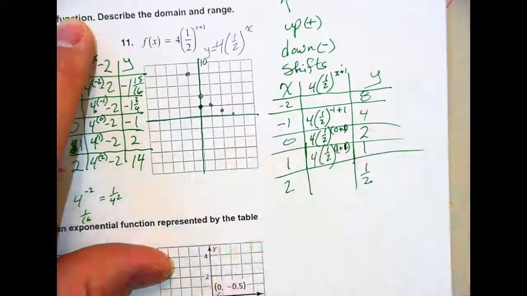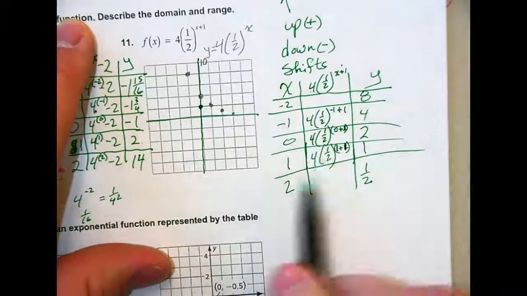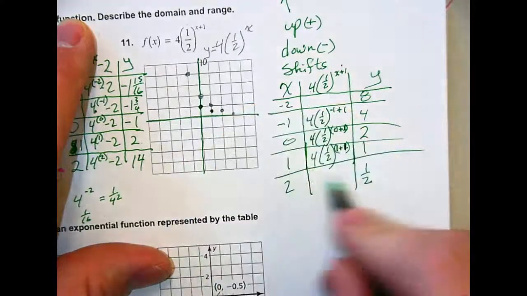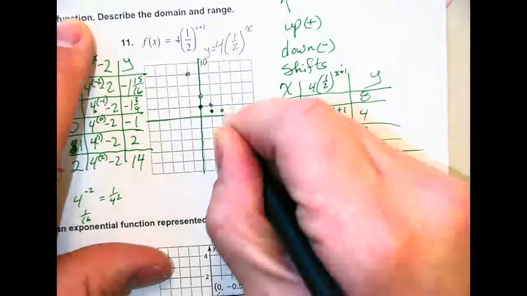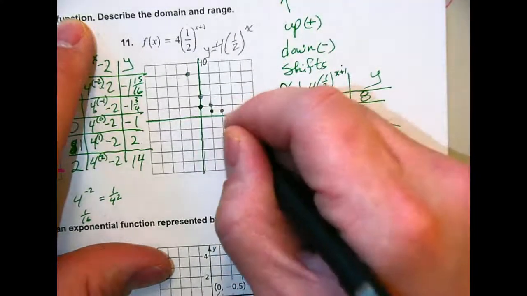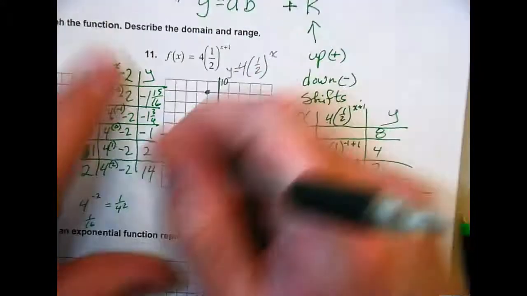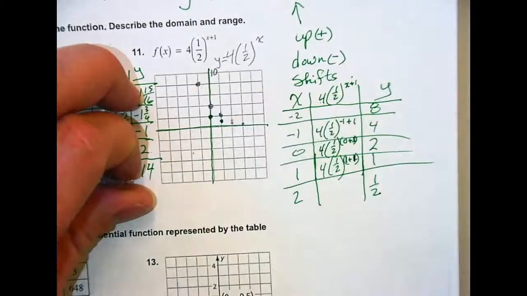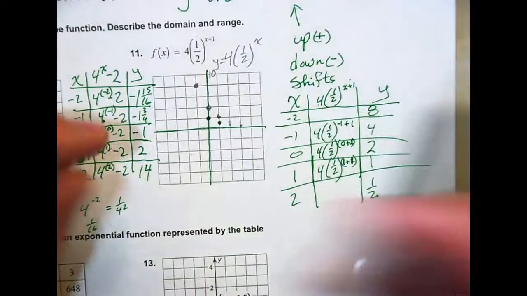I'm at 0, 2. I go to 1, 1. I go to 2 and 1/2. Whoops. I messed up on this point. Sorry. Then 1/4 there.